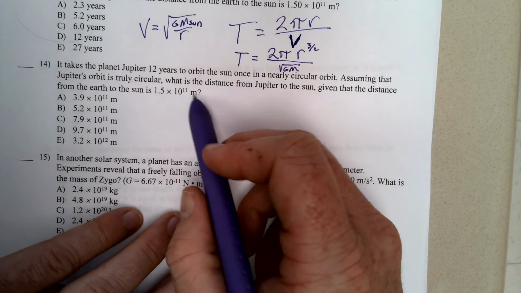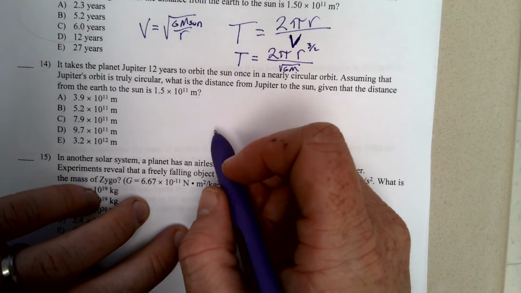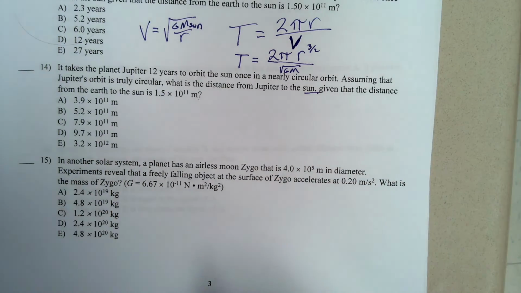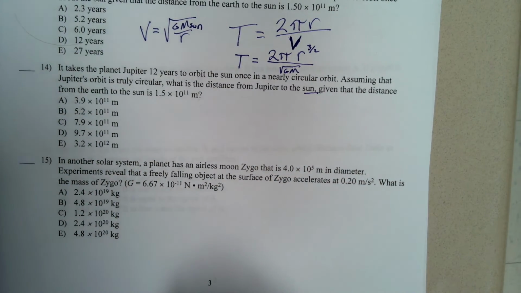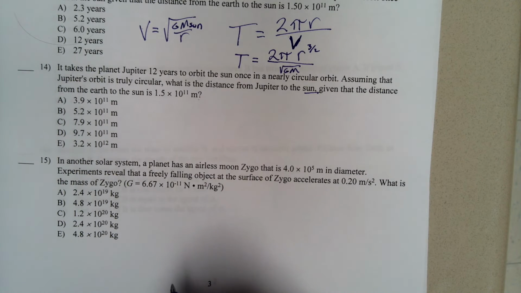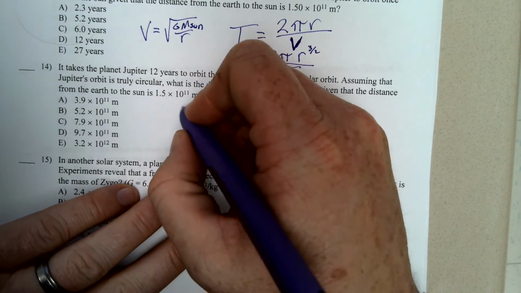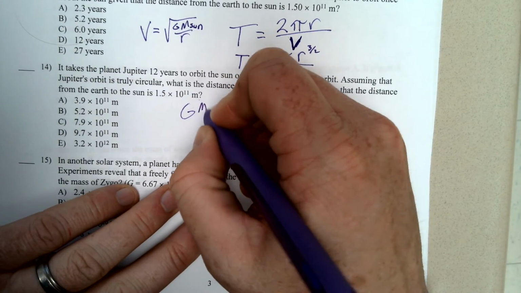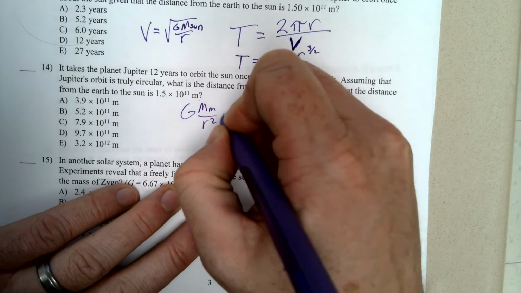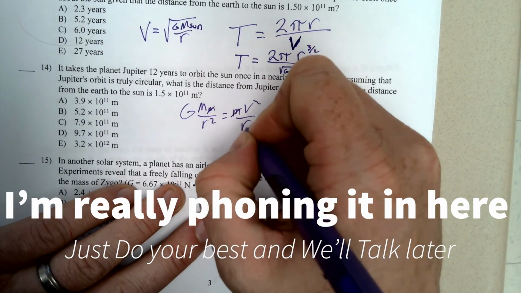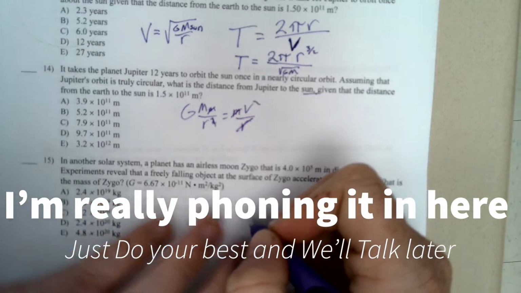So in this case, you're really making a comparison. Again, you're talking about the sun, and Jupiter's orbit around the sun, and then the Earth's orbit around the sun, and you're comparing the orbital radii. So if you take that equation that we looked at rearranged, let's just start it over again. GM over r squared is equal to mv squared over r. Cancel that out. Cancel this out.